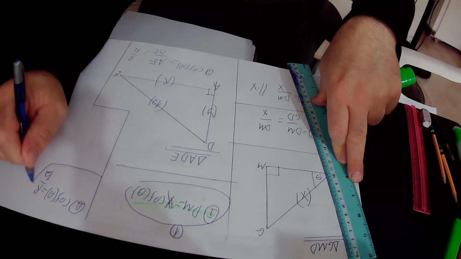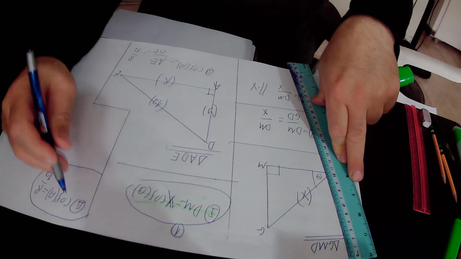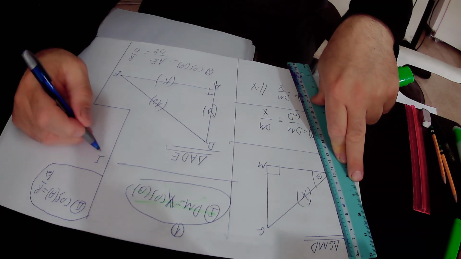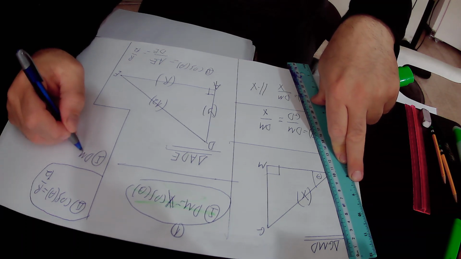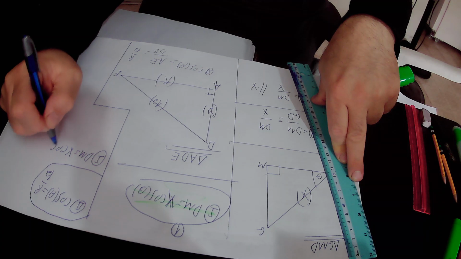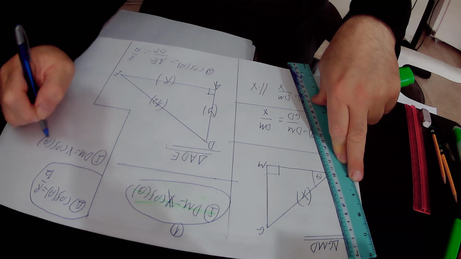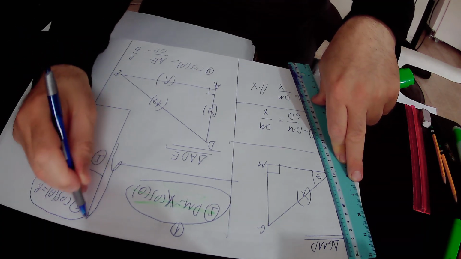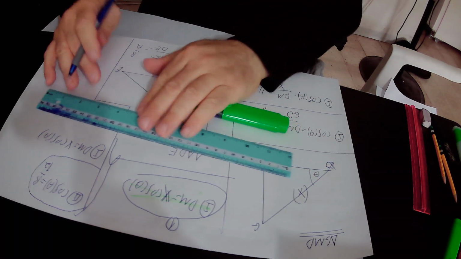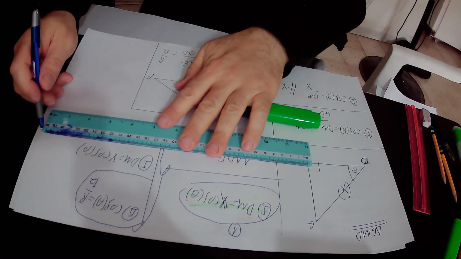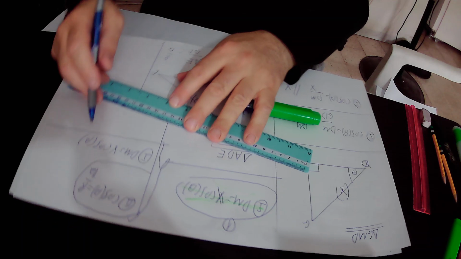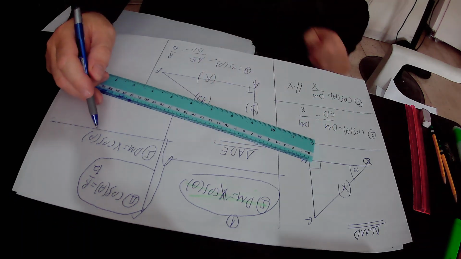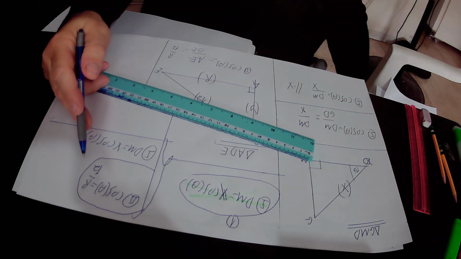This is according to equation 2, while according to equation 1, we have already found out that DM equals x times cosine theta. We have here two equations. Actually here we can substitute cosine theta in equation 1 by r over 12 from equation 2.